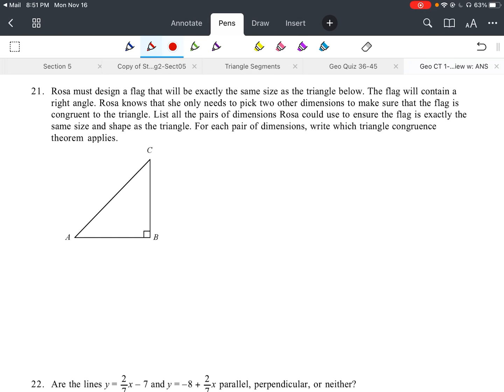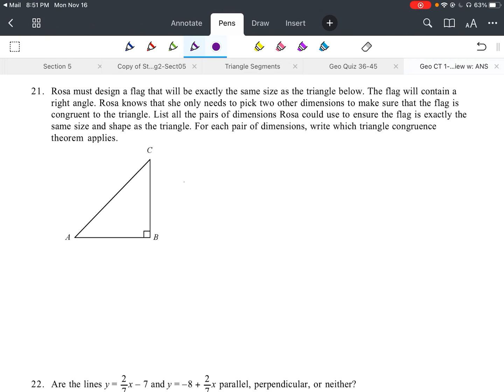So all the pairs of dimensions. If you remember all your different congruences with the right triangles, you can do those, or you can use side angle side and things like that.